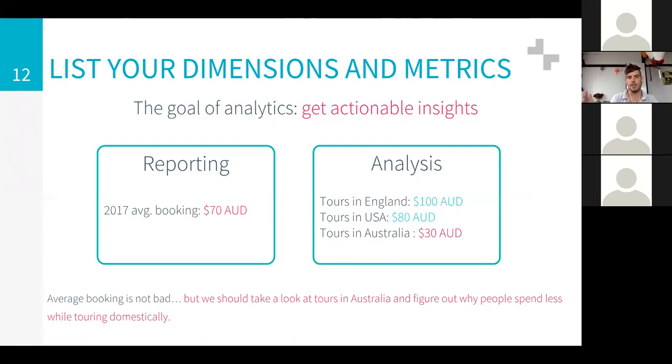And then I know that on average, people are buying a tour in England for $100, whereas in Australia, it's only $30. And the fact that I have this breakdown available means I will be able to find actions that could improve my performance for tours in Australia.